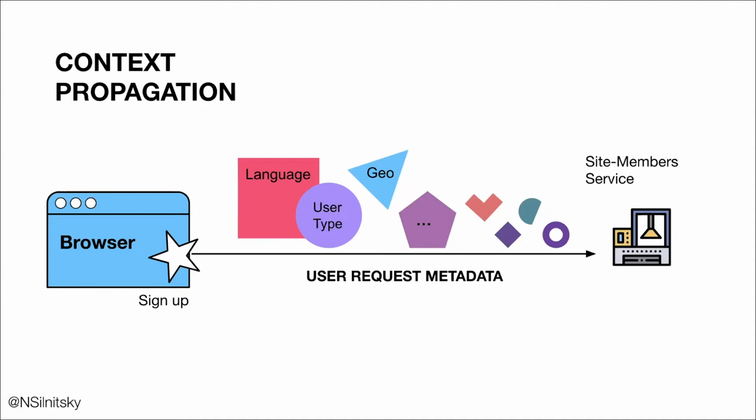Okay, so what can we retrieve from the headers? We have what's the language of the user? What's the geography? Is this user already a member or not? Or is this the Wix site owner? All this information can be gathered and handled by the site members service for the sign-up request.